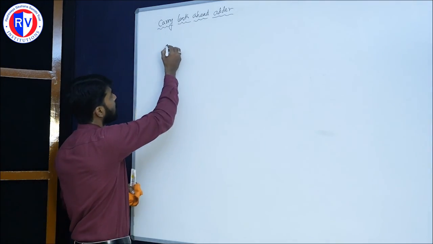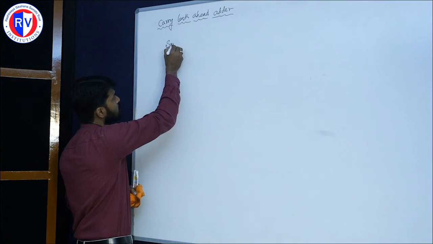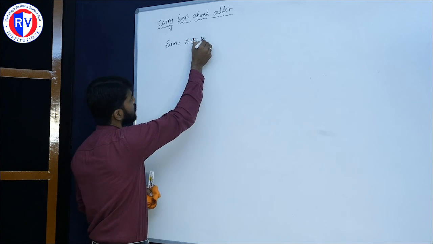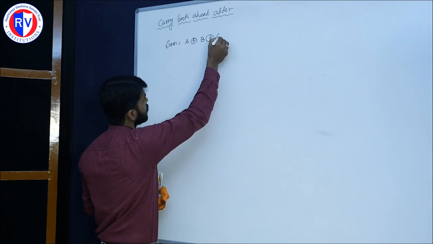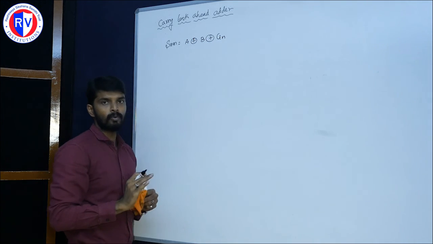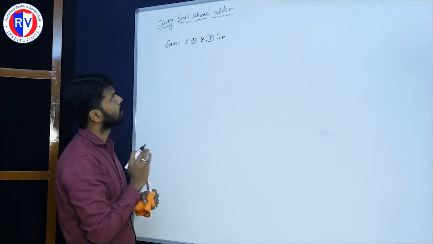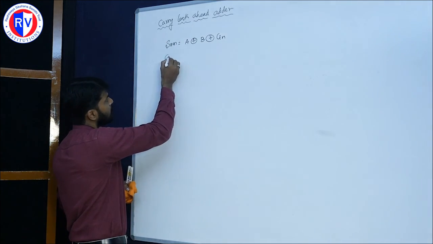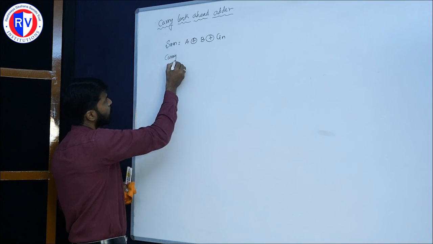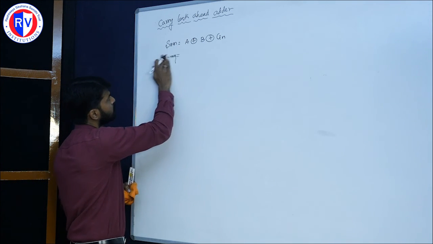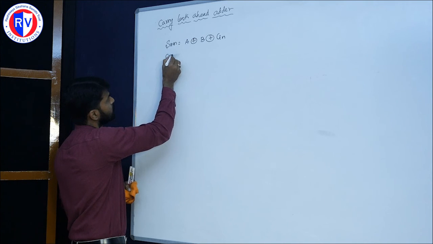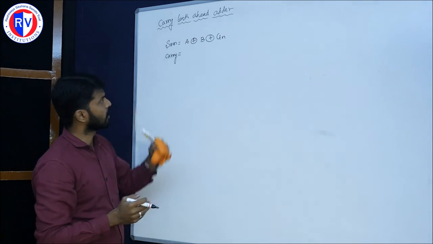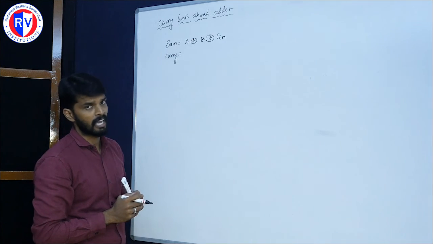In the sum part, there is no need to make any changes. Sum is equal to A XOR B XOR C. Correct? See, in this part, no changes are needed between the normal adder and the carry lookahead adder. In the carry, because we are worried about the carry, we need to do some modification in the carry stage.